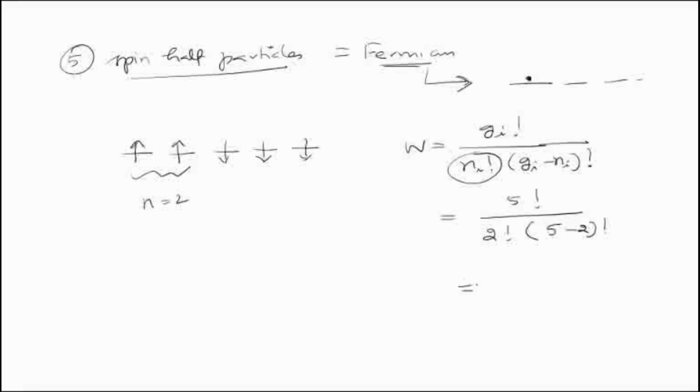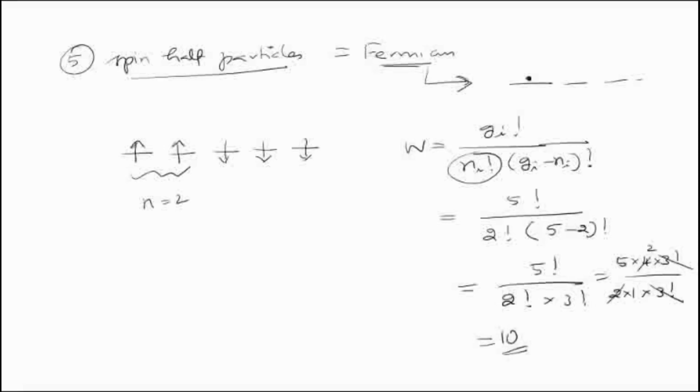So 5 factorial by 2 factorial into 3 factorial. 5 factorial is 5 into 4 into 3 factorial, by denominator 2 factorial is 2 into 1, 3 factorial. So 3 factorial cancels. Below, 2 into 2 is 4... 5 into 2 is 10. 10 is the answer for this question.